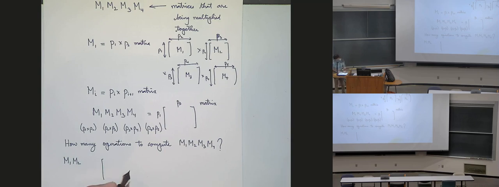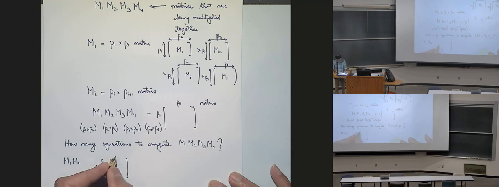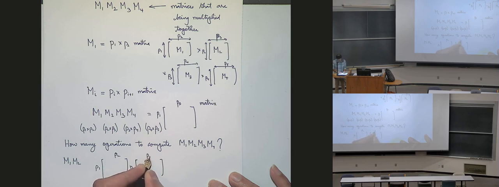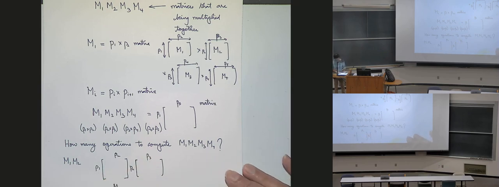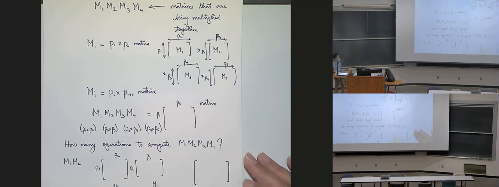So I'm going to remind you, we'll just go over, which you may have learned in either high school or some undergraduate linear algebra course, how do you multiply matrices. So this is P1 cross P2, and this is, let's say, P2 cross P3. So this is M1, this is M2, and this is the product matrix.